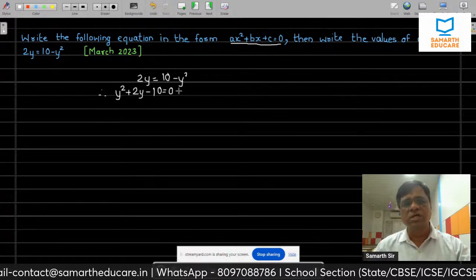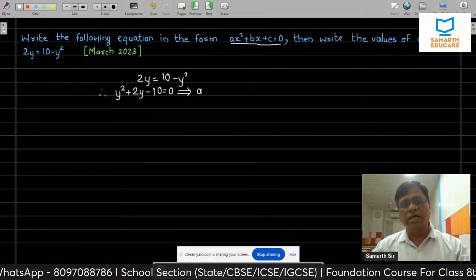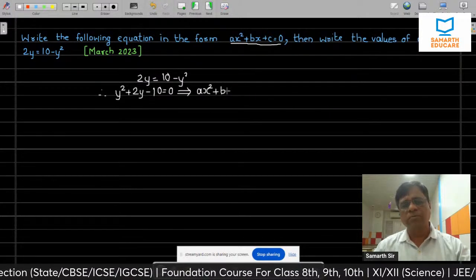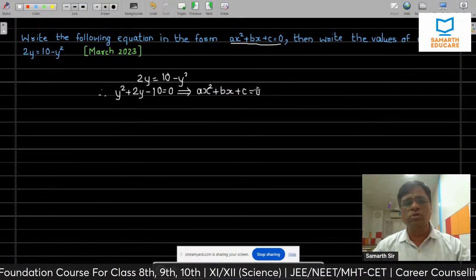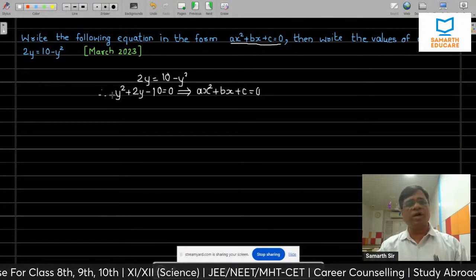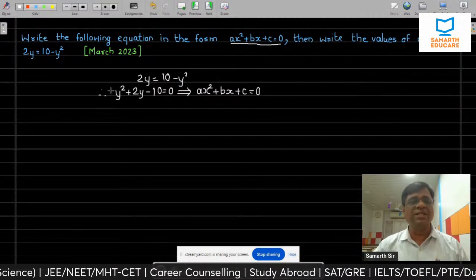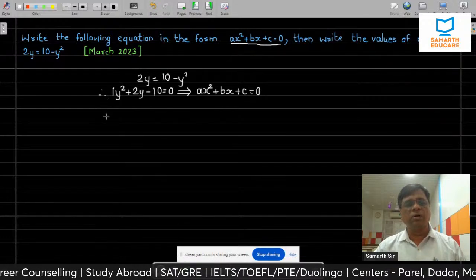Now if you observe this, this is in the standard form, which is ax square plus bx plus c equal to 0. The only difference is that here the variable in the term is y. Now if you observe, if there is nothing with y square, that is nothing but 1.